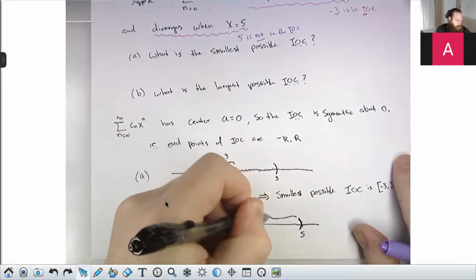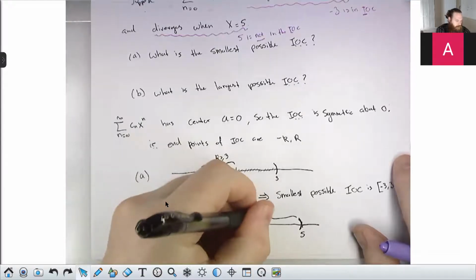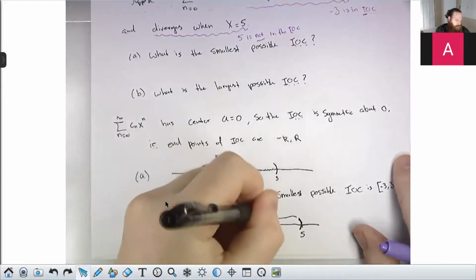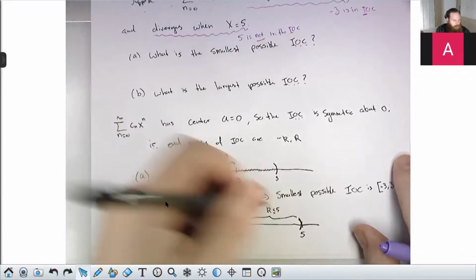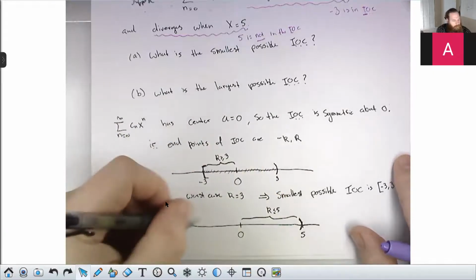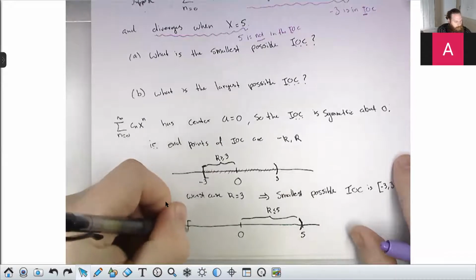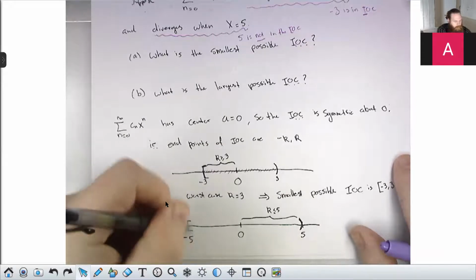Which would mean r, my radius of convergence, must be less than or equal to 5. And in the maximal case here, would run from -5 up to 5.